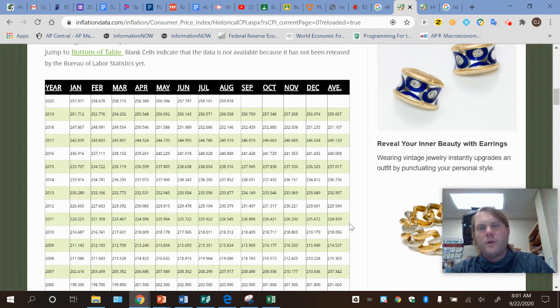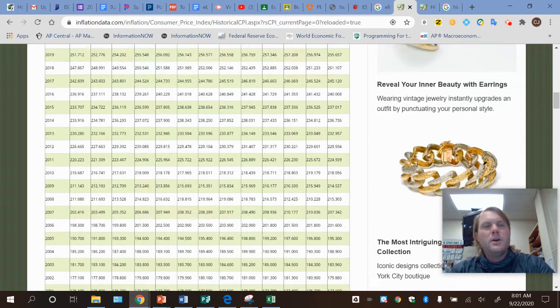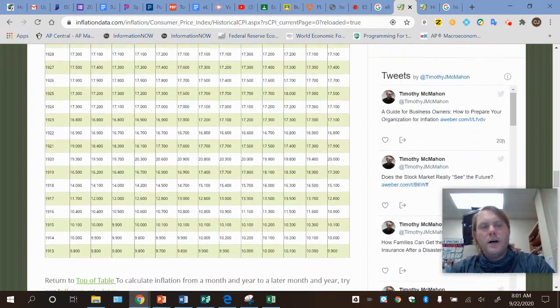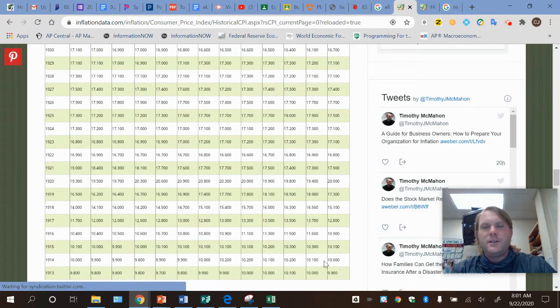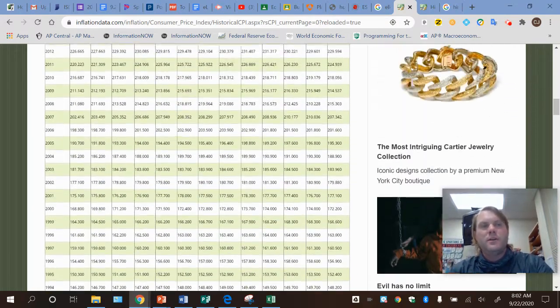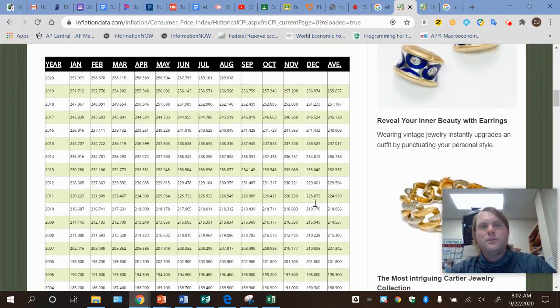They put it into a formula. We don't need to know exactly how they do it, but they put it into a formula to try to get as accurate as possible, and then they come up with these prices. One thing you can see here is in 1914 they started, and they just said, hey, we're starting with $10. So what cost $10 in 1914 is now going to cost $259 in 2020.